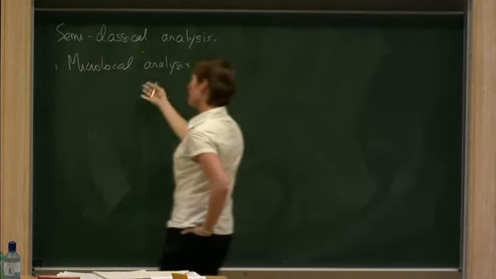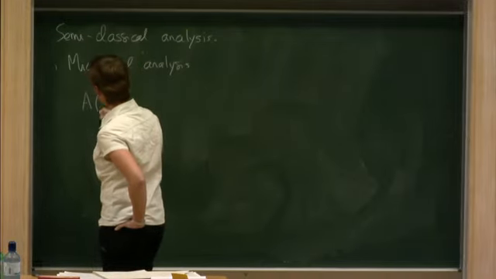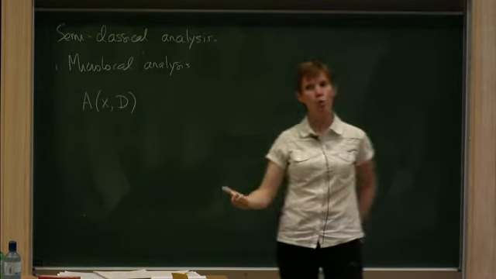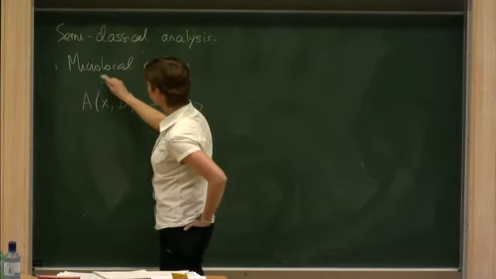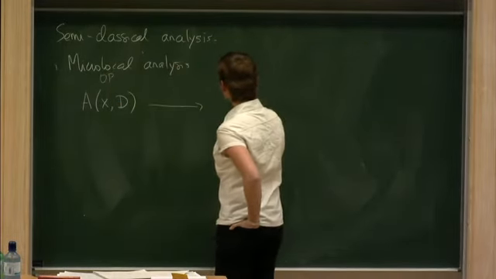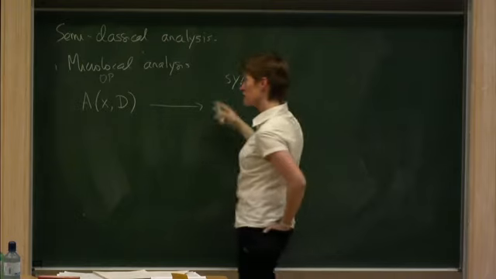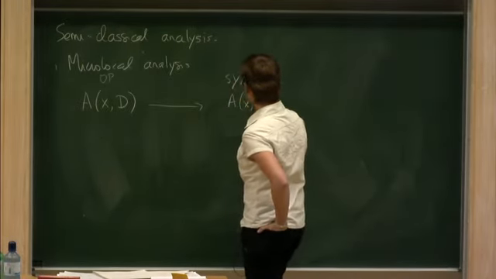Okay? So microlocal analysis is a way of saying, if I have an operator A depending on x and d, I want to work with the operator. One way of working on it is replacing it. So that's the operator world, and this is the symbol world. By a symbol. What's a symbol? Well, you just take your A here and you replace it by A of x, xi.